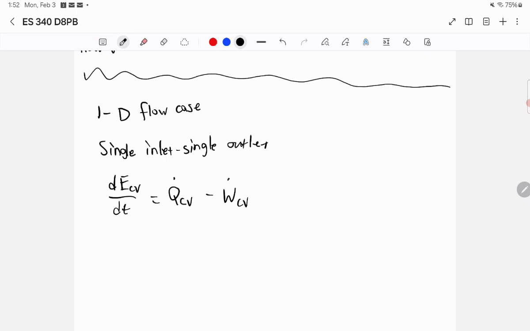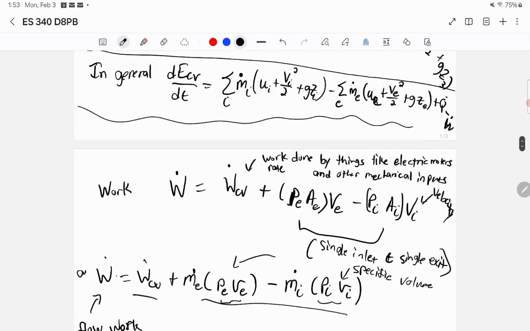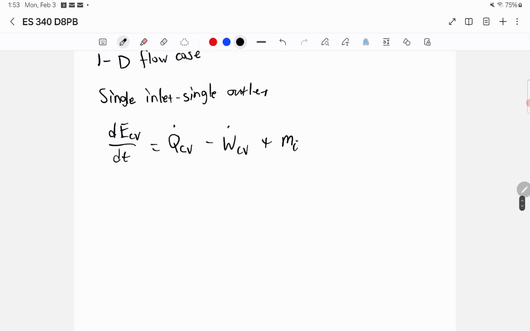So notice we're going to be ignoring in this case the total flow work, including the work done by the mass flow, and we'll only care about those other inputs, right, in this equation, stuff that comes from electric motors and other things like that.